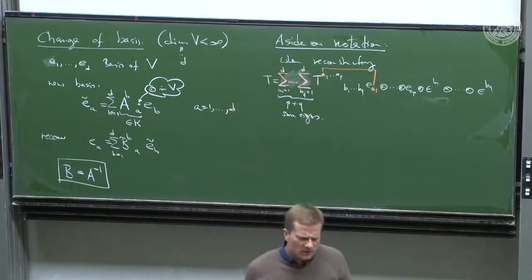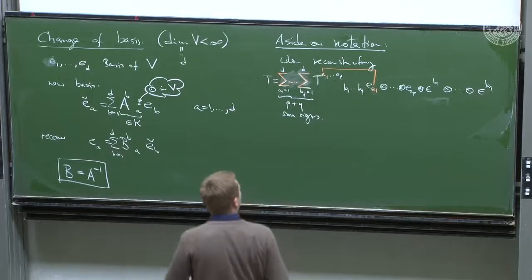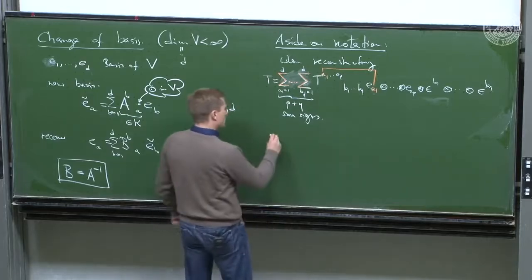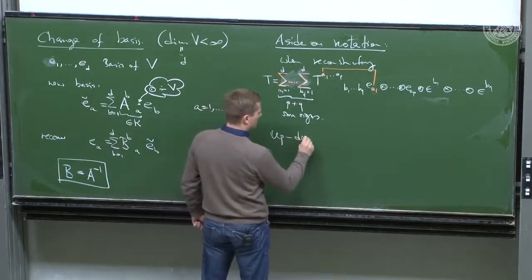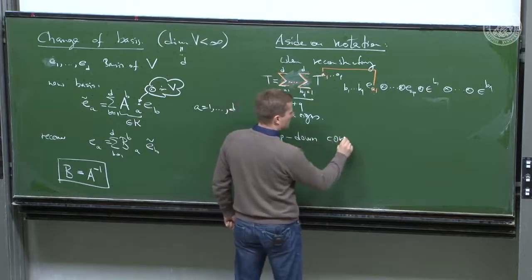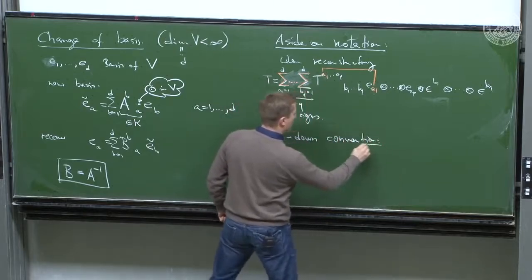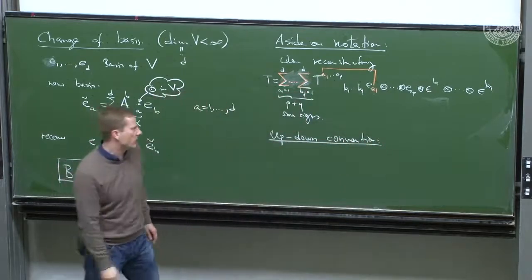Now, you might wonder, how does an index deserve to be up and how does it deserve to be down? So the up-down convention is the following. There's only one choice and all the other choices follow from it.